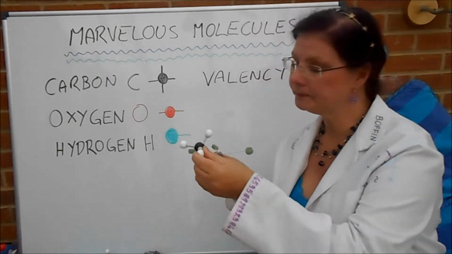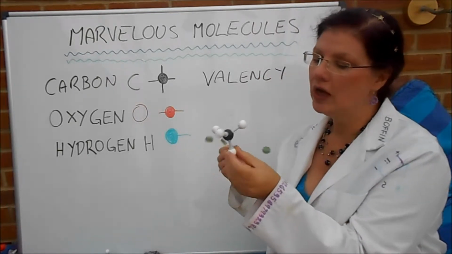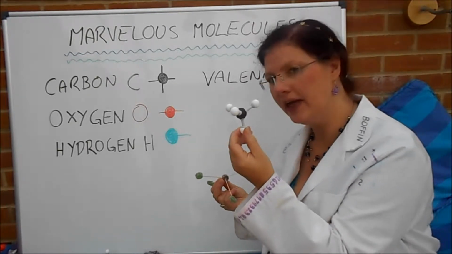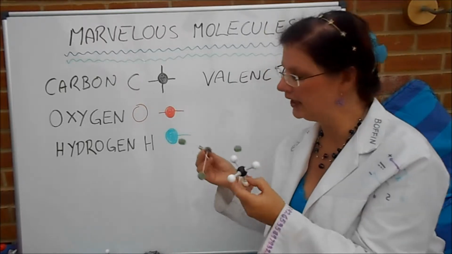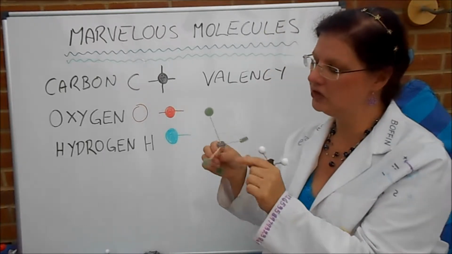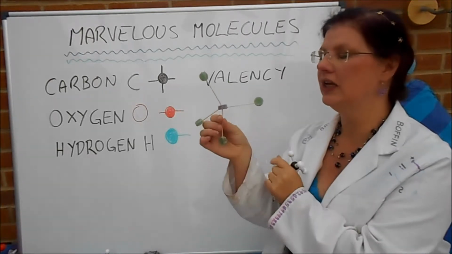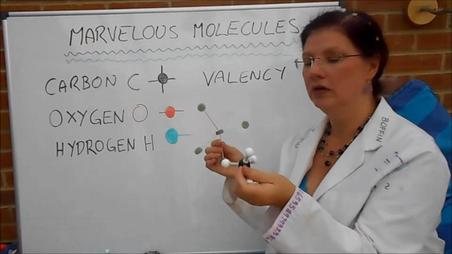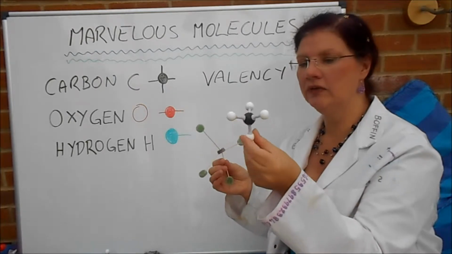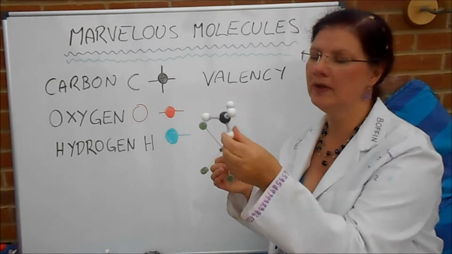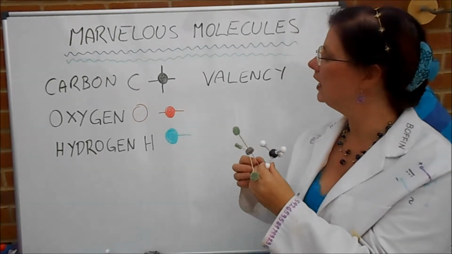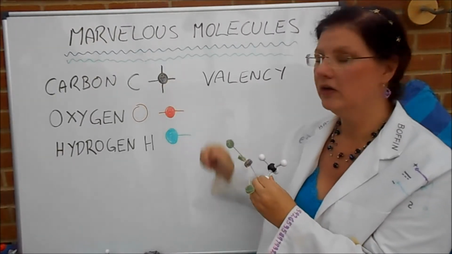Okay, so this one has got a black carbon atom in the middle. They're coloured black on here, and on these ones I've used kind of the dark red ones. So that's my carbon in the middle. And as you can see, it's got 4 spikes sticking out of it. Ignore the white ones on the end for a moment, we'll talk about those later. It's got 4 things coming out of it. Carbon likes to make 4 bonds.